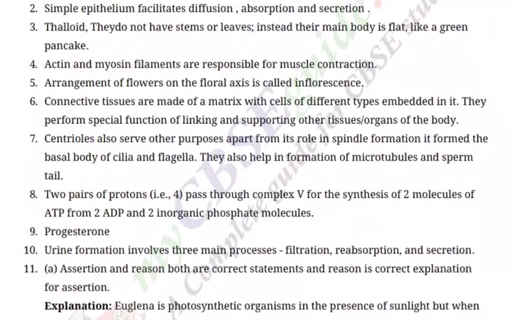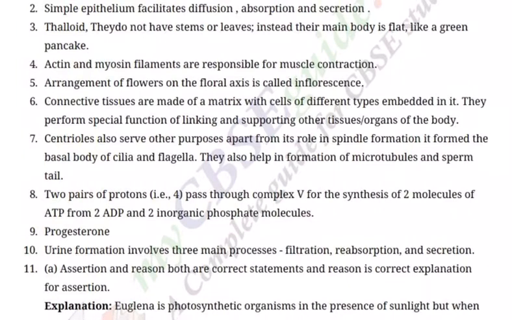So mention the number of protons that pass through complex 5 for the synthesis of 2 molecules of ATP. The answer is 2 pairs of protons, 2 into 2, 4, pass through complex 5 for the synthesis of 2 molecules of ATP from 2 ADP and 2 inorganic phosphate molecules, because ADP plus inorganic phosphate becomes ATP.